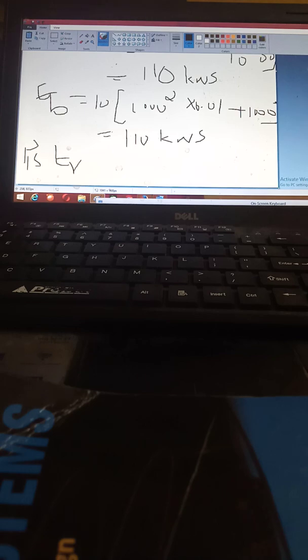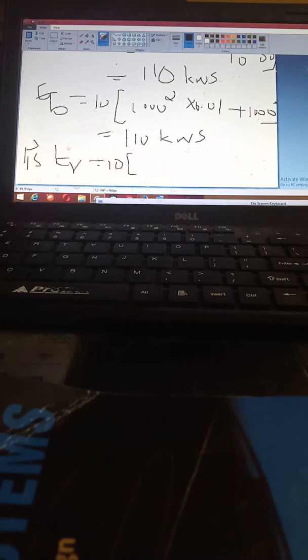Now I will take P1S into TR. P1S is running. Running is at normal condition. Running at full load. P1S into TR means running time you have to consider. So running time is 10 into P1S.